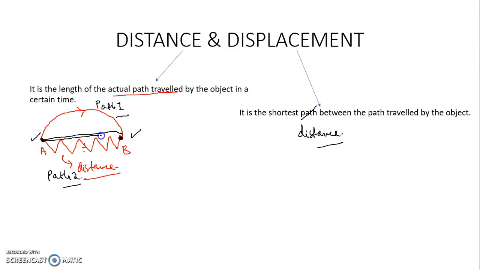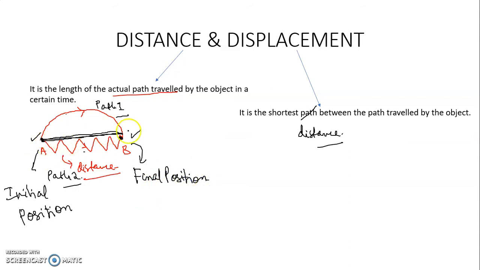So the shortest distance from A to B, that is the initial position to the final position. A is the initial position. Alright. Now what is B? B is the final position. Right? So the shortest distance between the initial position and the final position is called displacement.